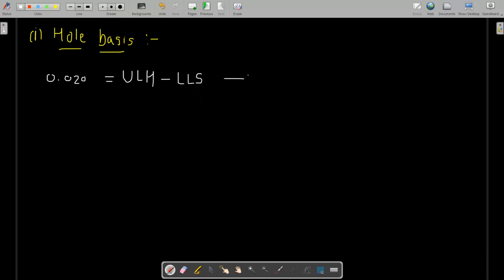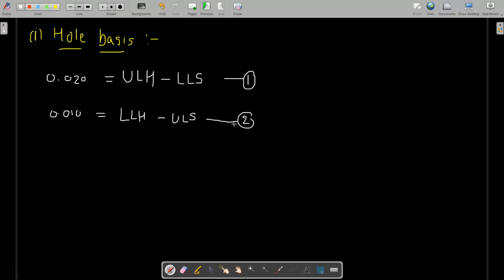This is our equation number 1. Minimum clearance is 0.010 mm, which is the lower limit of the hole minus the upper limit of the shaft. This equation is for the clearance fit and it is mentioned in the data.